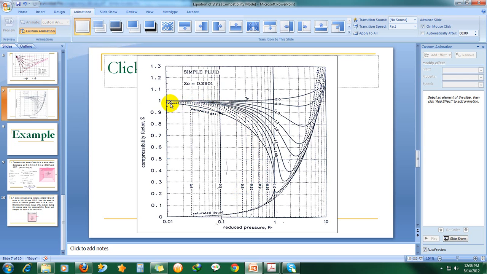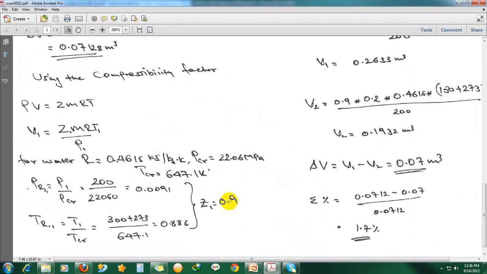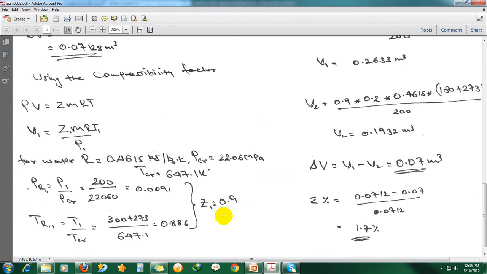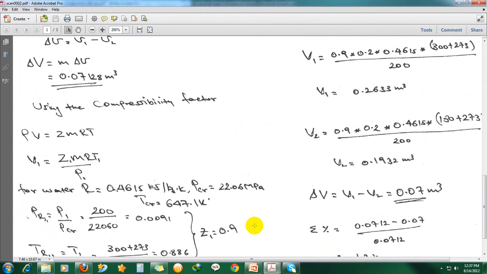So Z is almost 0.98 or 0.99. I wrote 0.9 here, so let's take 0.9, there is a little variation.